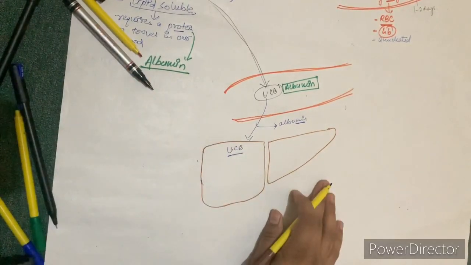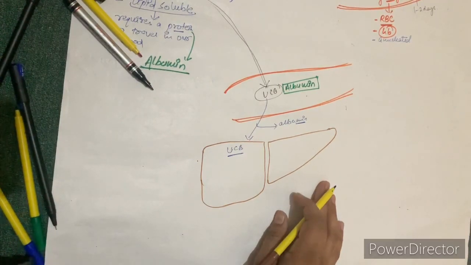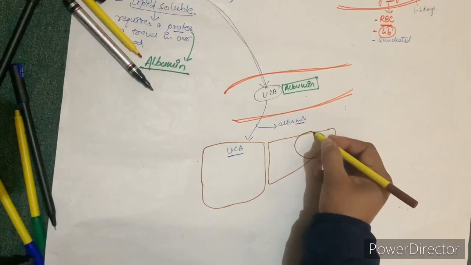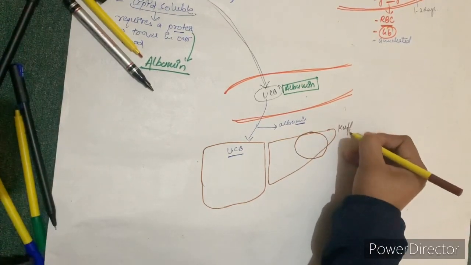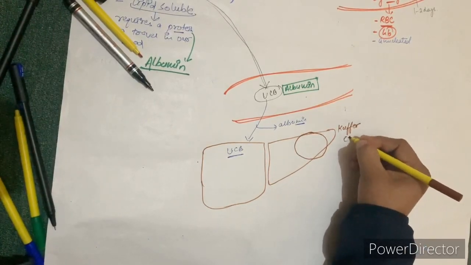As you all know, the liver has its own phagocytic cells known as Kupffer cells.